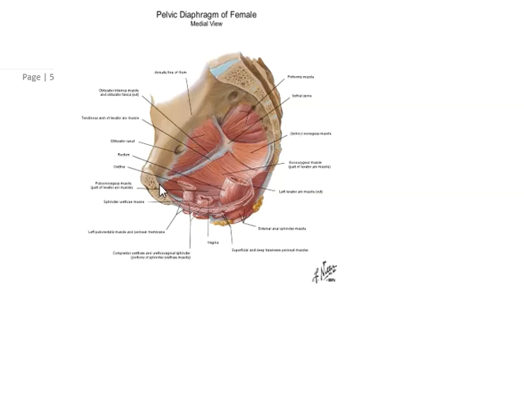I would like to mention that the origin of the pelvic diaphragm on the right side and on the left side that is removed are the same. It starts from the posterior of the pubic bone and crosses a line that joins the body of the pubic bone to the ischial spine.